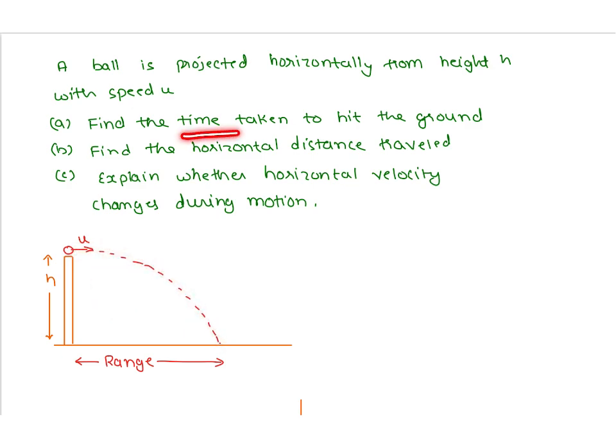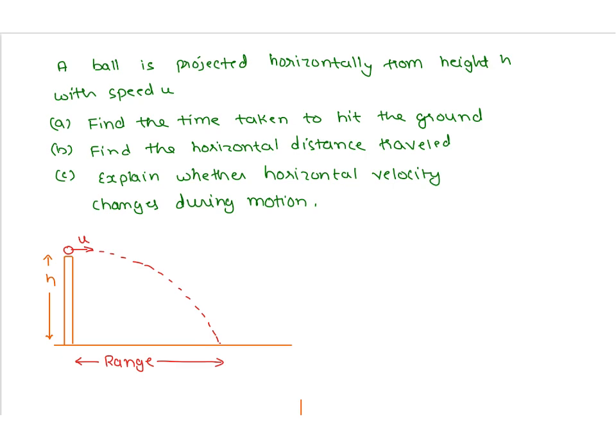How much time will it take to hit the ground? And what is the horizontal distance which this ball travels is what we have to find out. And after that, we have to comment whether horizontal velocity changes during the motion or not.